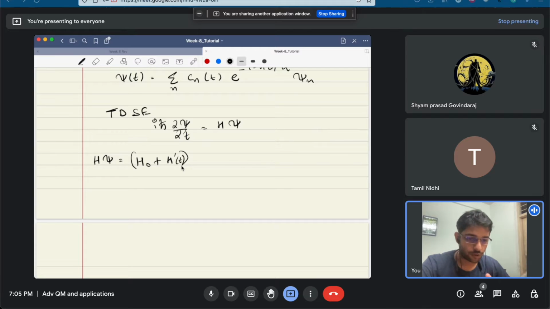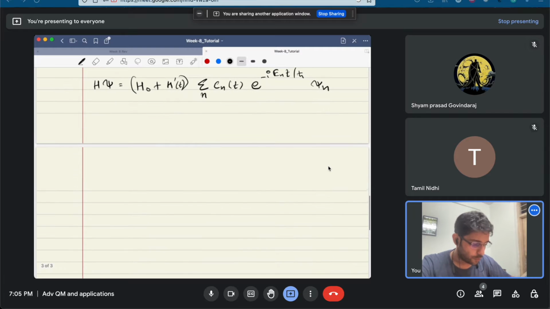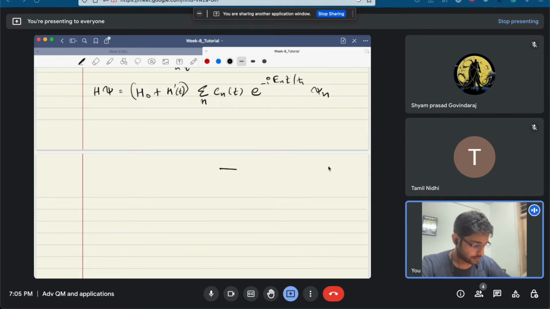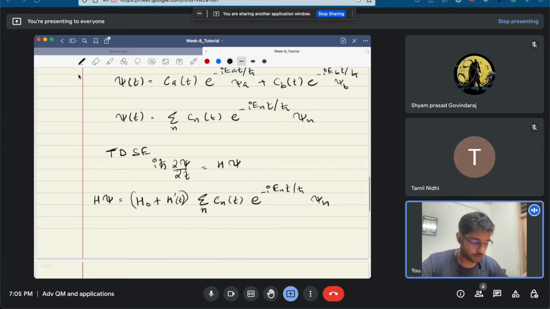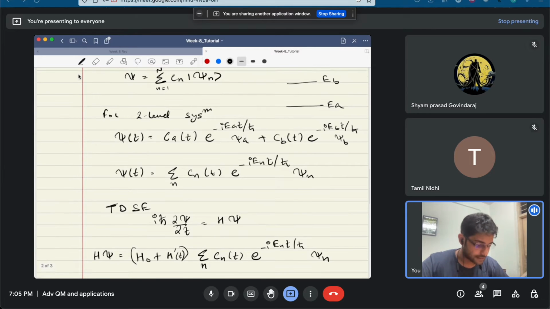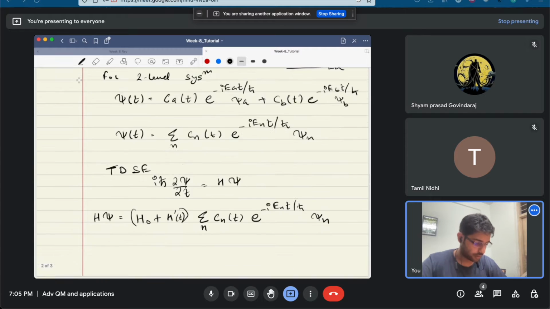After t equal to 0 only H prime is activated, and we have our psi written as Cn of t e to the power minus i En t by h bar psi n. Now we know En is the eigenvalue of H naught for the psi n state, which we have mentioned at the top.